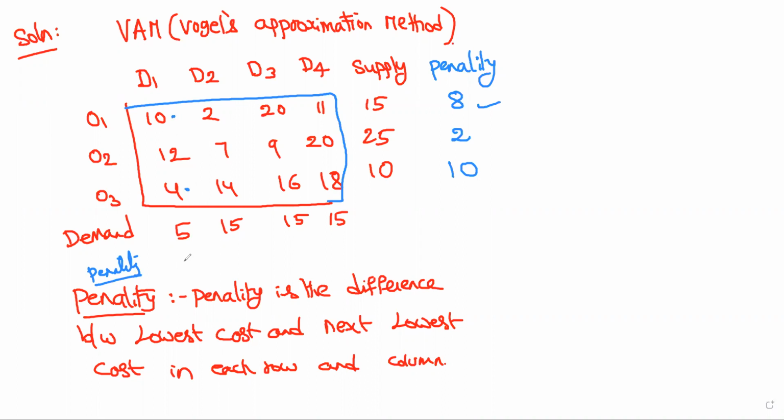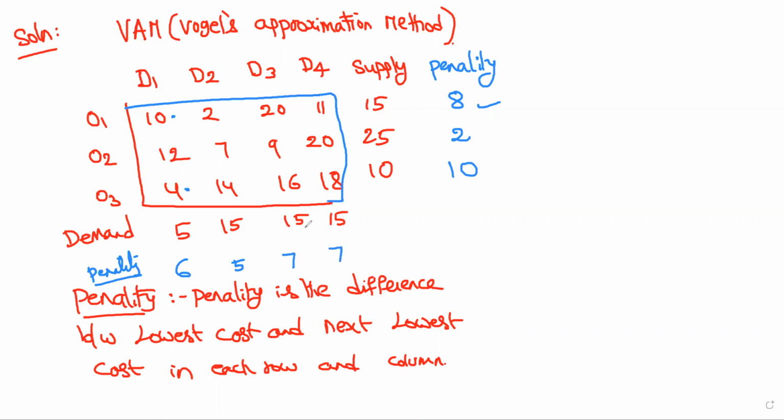The penalty is 6. In the second column, the least element is 2 and the next least element is 5. The difference is 3. In the third column, the least element is 9 and the next least element is 16. The penalty is 7. In the fourth column, the least element is 11 and the next is 18. The penalty is 7. So I wrote the penalties.